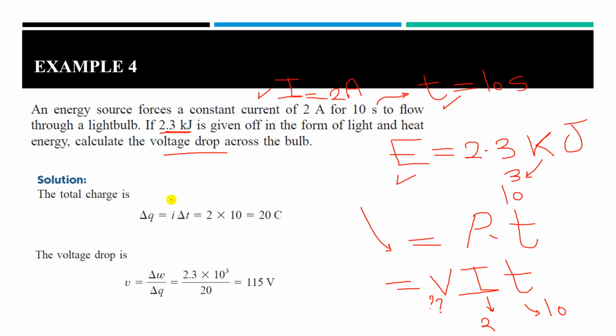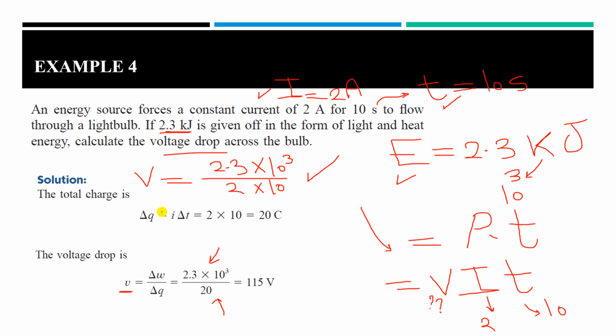From this equation, voltage is equal to energy, which is 2.3 multiplied by 10 to the power 3, divided by 2 multiplied by 10. This will give us the voltage. The final form in this method is 2.3 multiplied by 10 to the power 3 divided by 20.